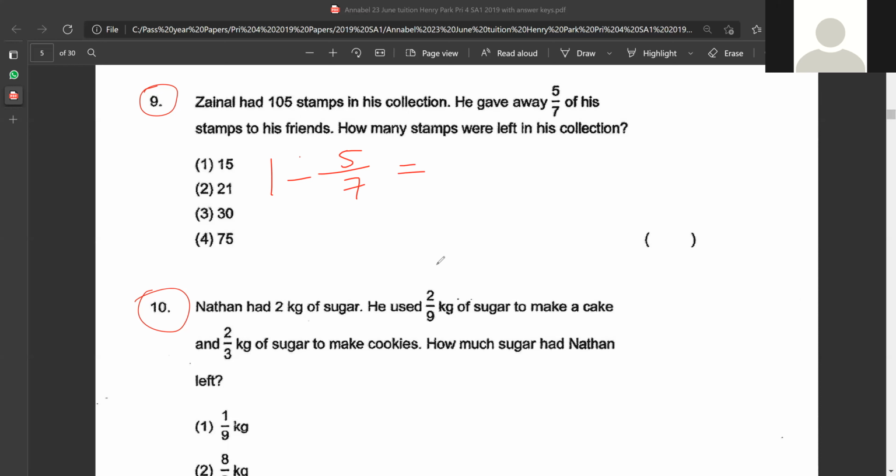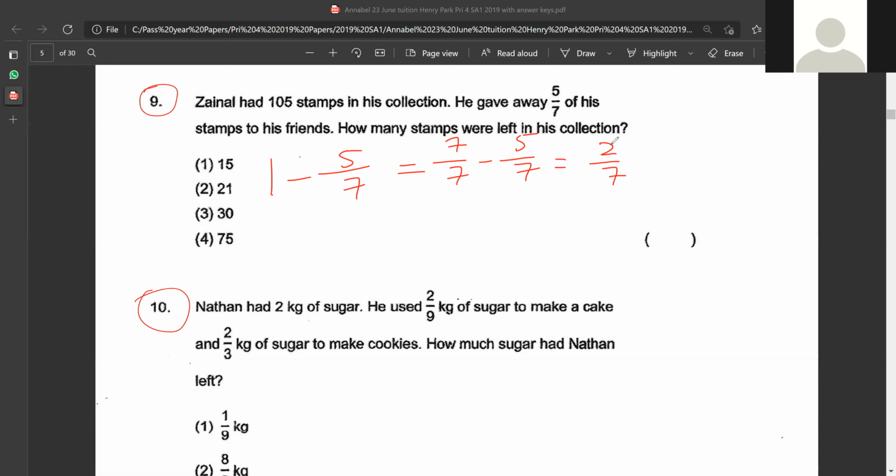Left with how much? 5/4? 5/6? Wrong. Try again. 1 whole is how many? 7/7. So 7/7 minus 5/7. Left with? 2/7. He is left with 2/7.